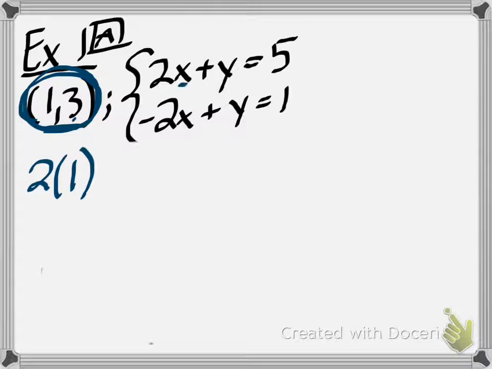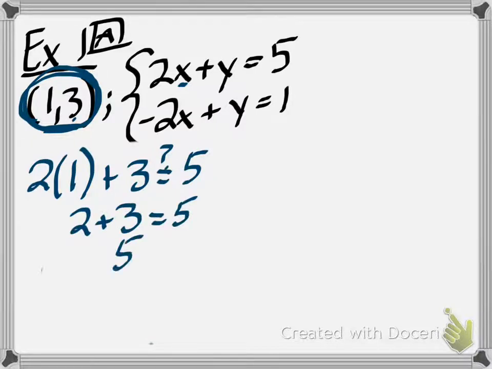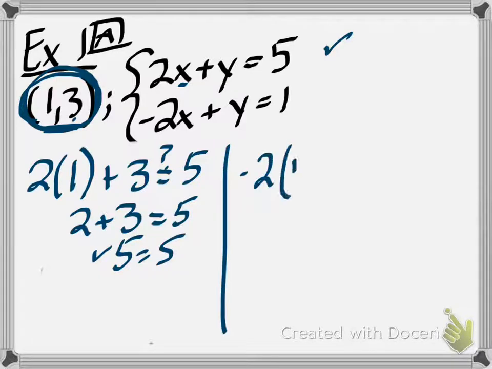So 2 times x, which is 1, plus y, which is 3, does it equal 5? 2 plus 3 does equal 5. So it's true for the first equation. I'll put a little check mark so that I can see it easily. I still need to do the second one. Negative 2 times 1 plus 3, does it equal 1?